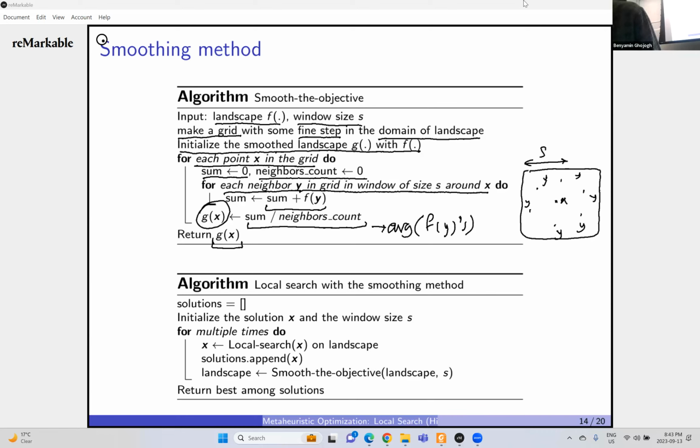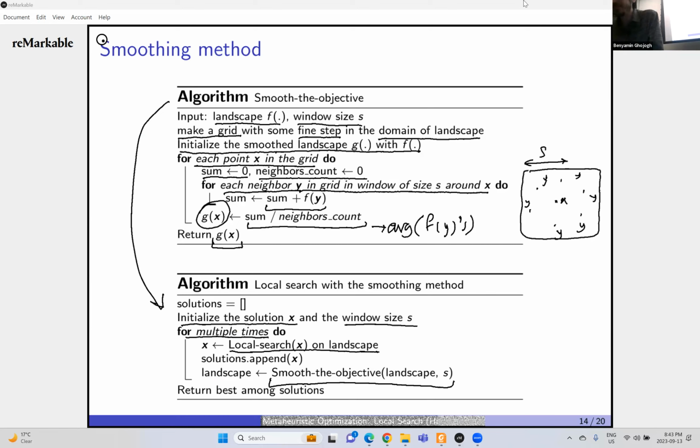Now I'm going to use this algorithm in the local search. So I initialize the solution x with the window size S. I do the local search on the landscape. Then every time I smooth the objective function with the window size S, and then I feed this landscape again to the local search, right?